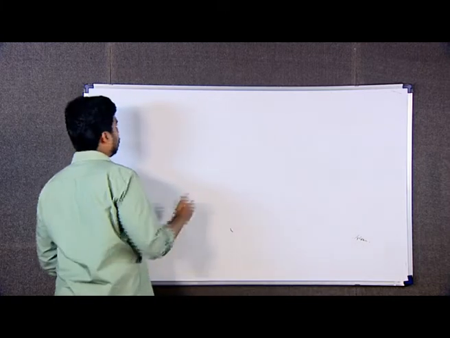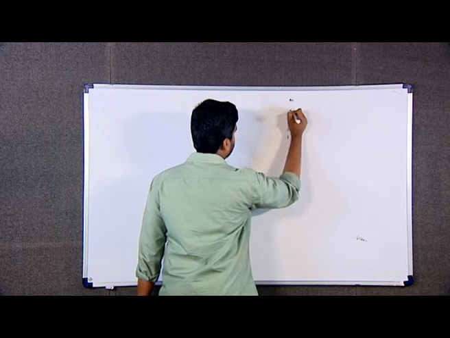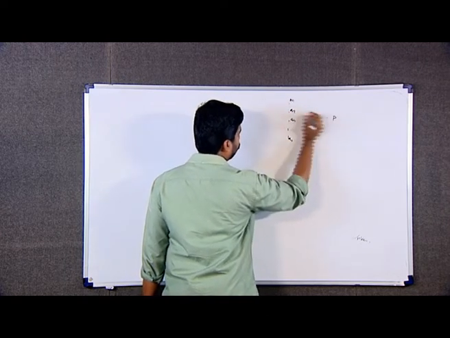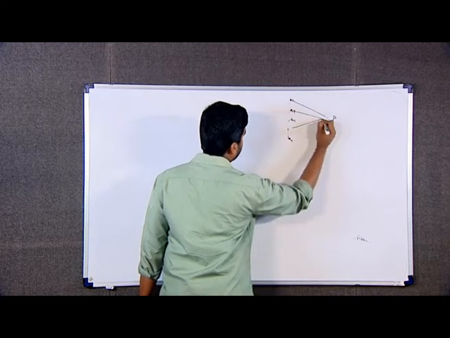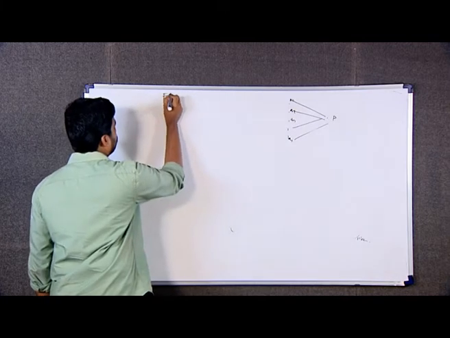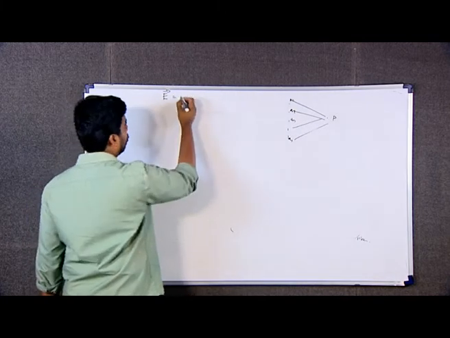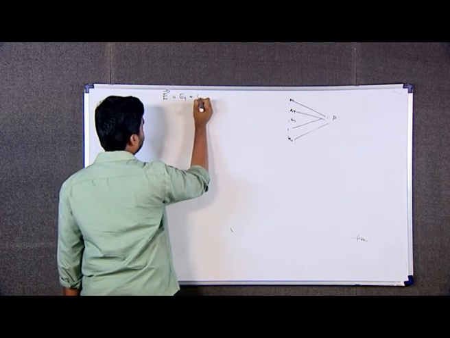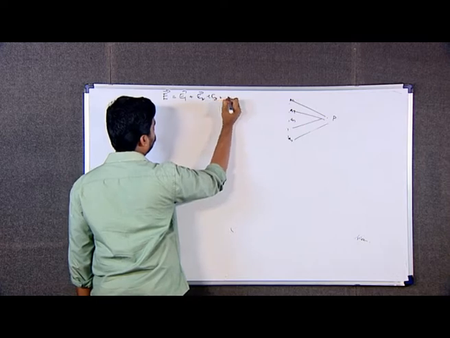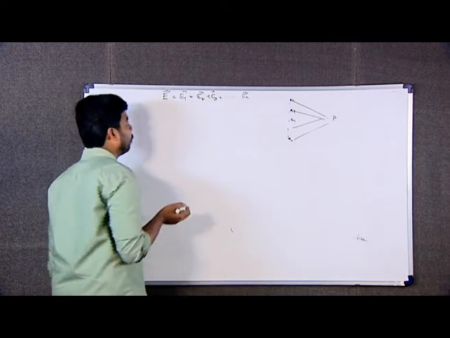If there are n number of charges q1, q2, q3 up to qn, and I want to find out the potential at this point P, I should consider the electric field produced by each. We know that since this field is a vector field, I can add E is equal to E1 plus E2 plus E3 up to En. Here we are discussing the superposition principle.